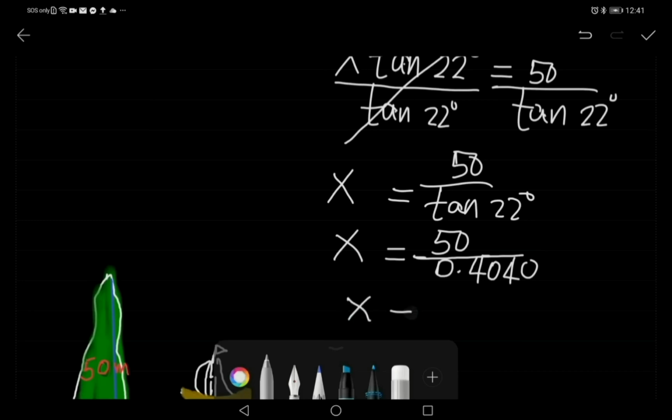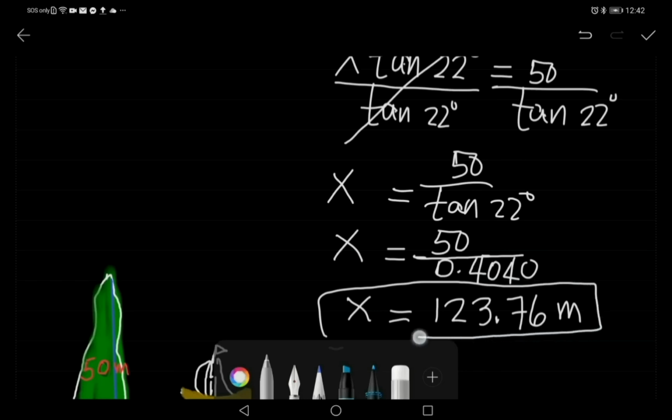So 50 divided by 0.4040 equals 123.76 meters. So this is the distance from the base of the hill to the boat.